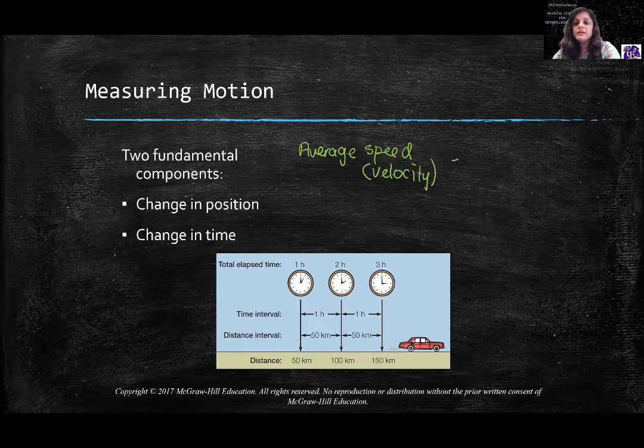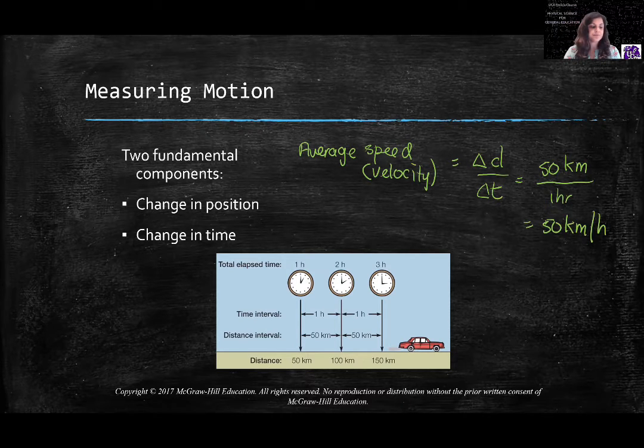And that is the change in the distance with the change in time. And we see that the change in the distance is 50 kilometers in every 1 hour period. So guess what? Your average speed is 50 kilometers per hour.